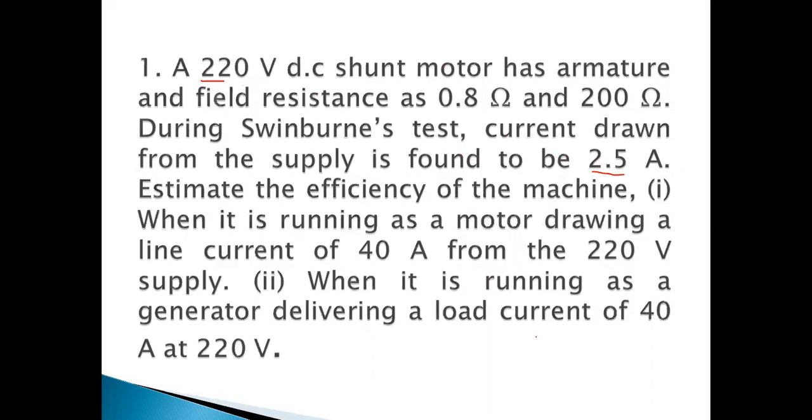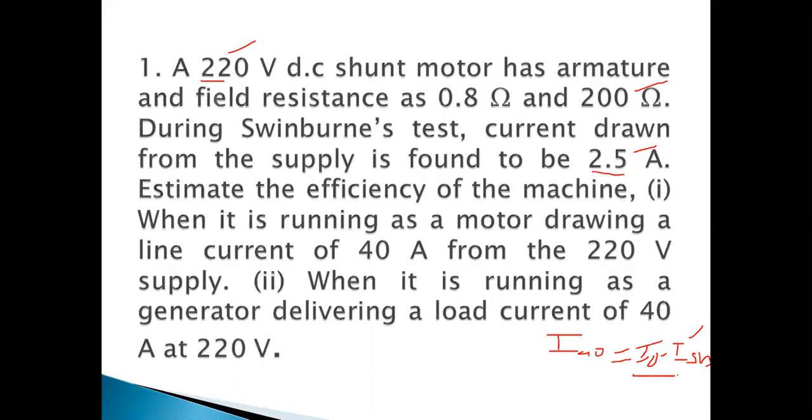When it is acting as a motor, the no load armature current Ia naught is equal to I naught minus ISH. I naught is equal to 2.5 amperes. ISH is equal to, by using Ohm's law, V by RSH, where V is 220 volts, RSH is 200 ohms. 220 by 200, we will get ISH. This value is subtracted from 2.5 amperes, and with that we will get Ia naught.